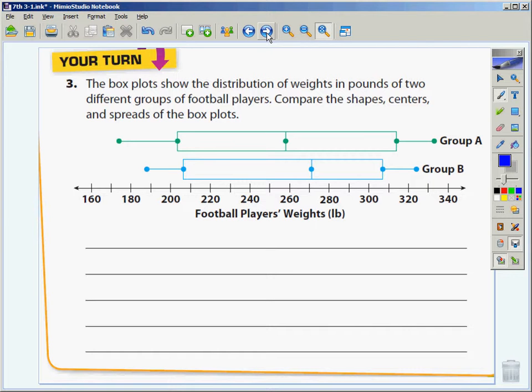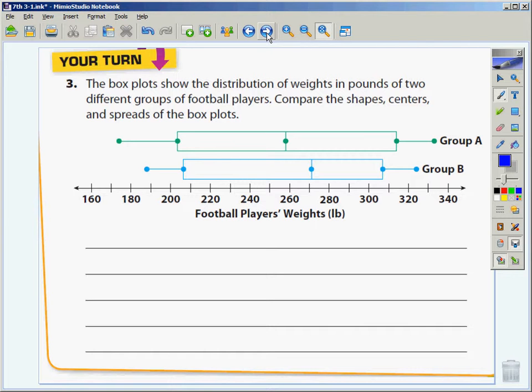Compare the shapes. Compare the centers. What's the other word that we use for center? Median. Compare the spreads. What's the other word we use for spread? Range. And I would say that we should also compare the interquartile range, because that's the most significant part of my box.